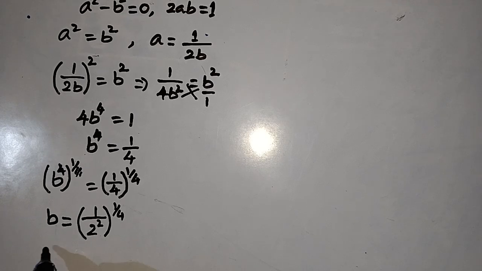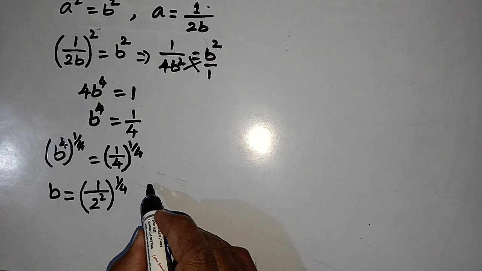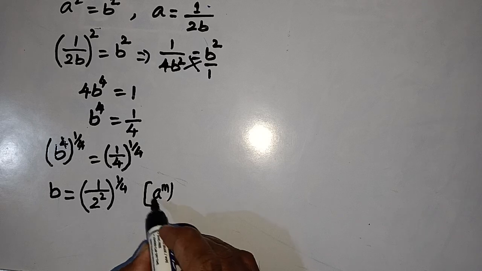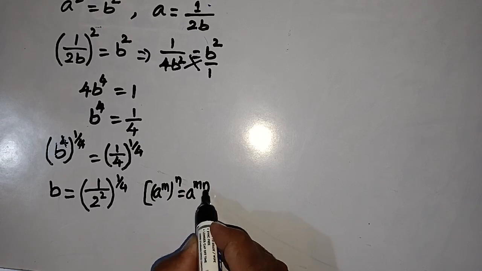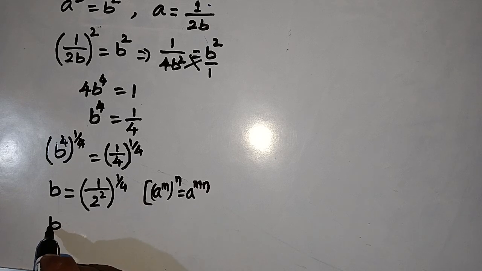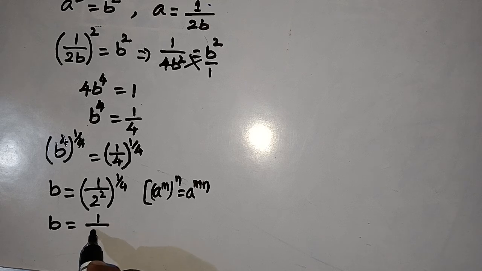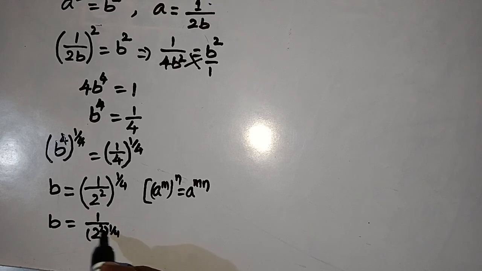And using the formula, a to the power of m whole to the power of n is equal to a to the power of mn, we get here b is equal to 1 by 2 square to the power of 1 by 4.